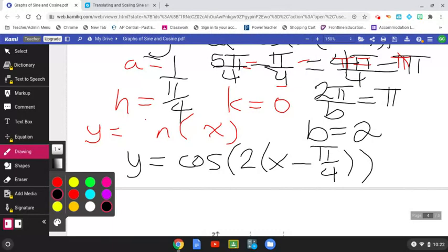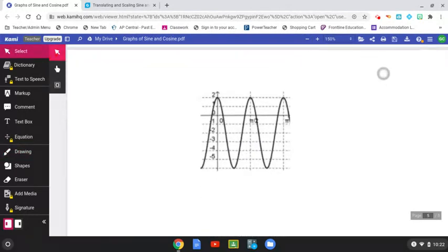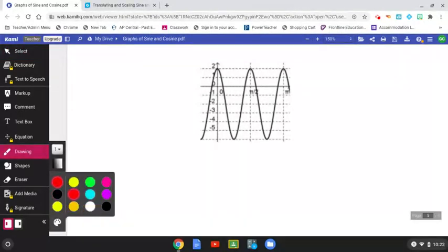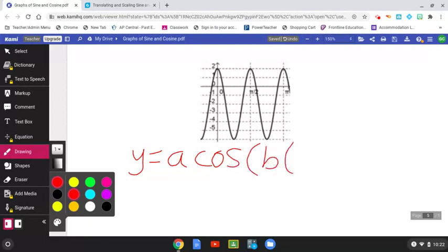Okay, you guys, I know this is probably becoming a pretty long video, but I have one more example because I wanted to show you one where the midline is not 0. Looking at this graph, let's say we want to write an equation using cosine. My generic setup is y equals a times cosine of b times x minus h plus k.